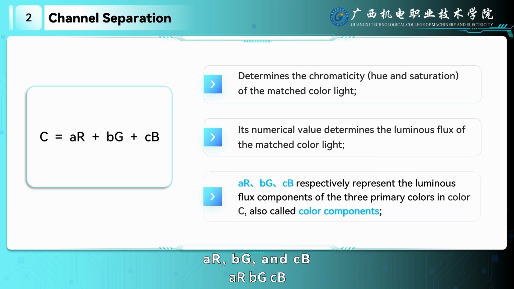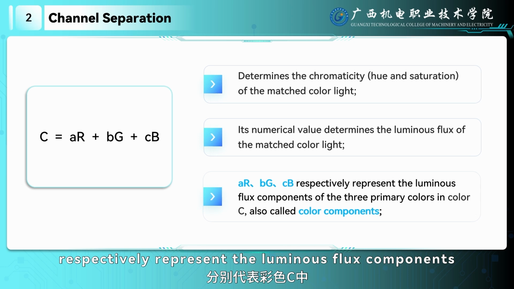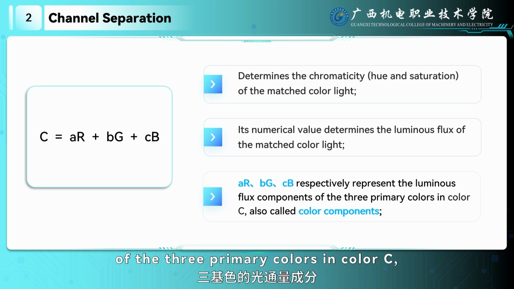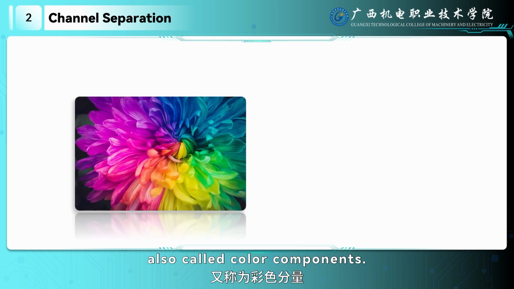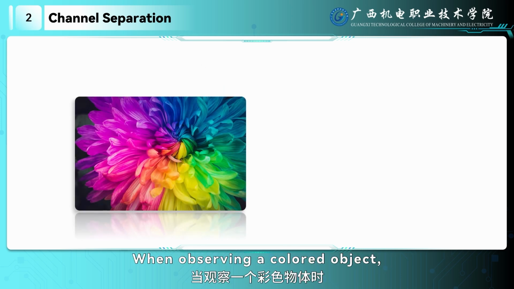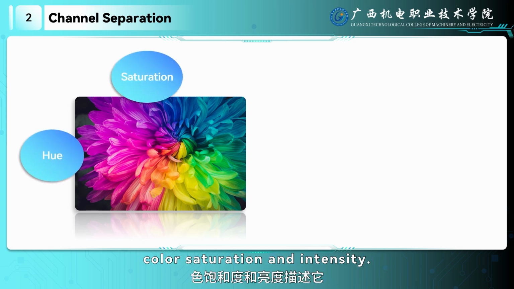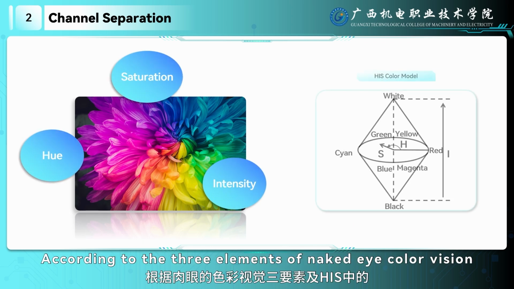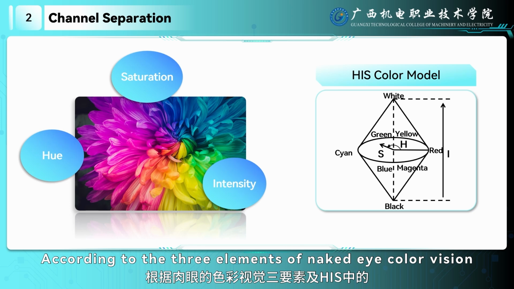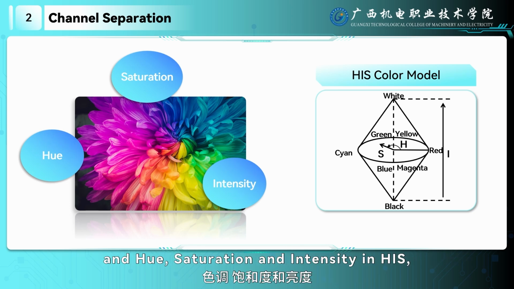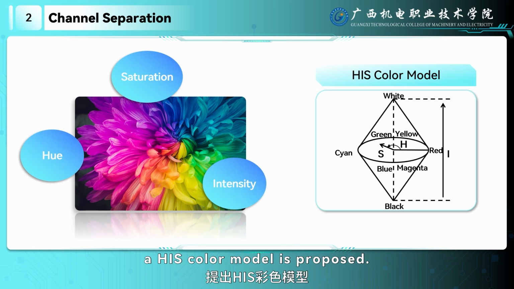AR, BG, and CB respectively represent the luminous flux components of the 3 primary colors in color C, also called color components. When observing a colored object, it is often described in terms of hue, color saturation, and intensity. According to the 3 elements of naked eye color vision, the hue, saturation, and intensity color model is proposed.